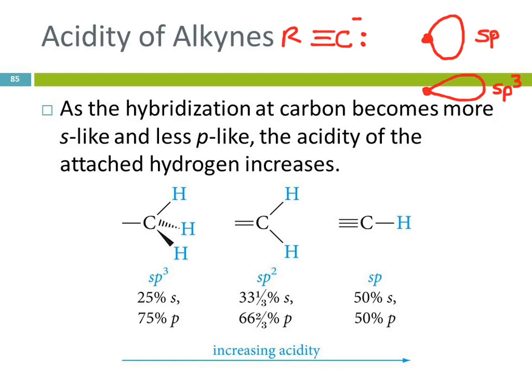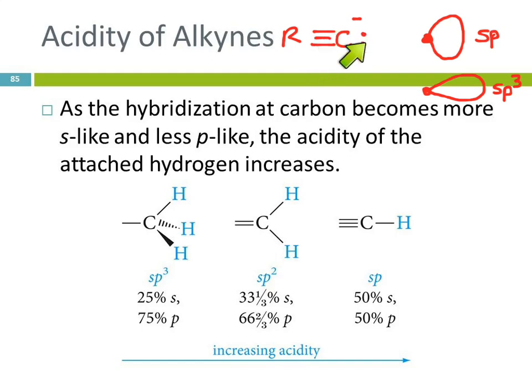We'll just go for ends of the spectrum. So this guy has sp3, which has more p character. It's shaped more like the p orbitals. P orbitals are long and skinny. S orbitals are spherical. This is half s and half p mixed together. And so it's shorter. The electrons are closer to the nucleus.